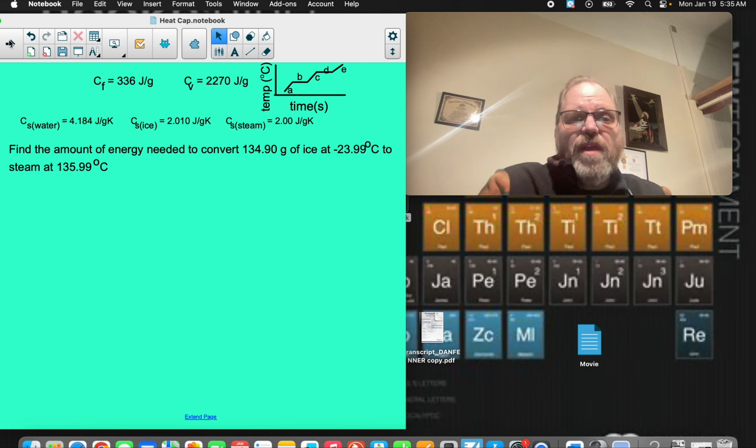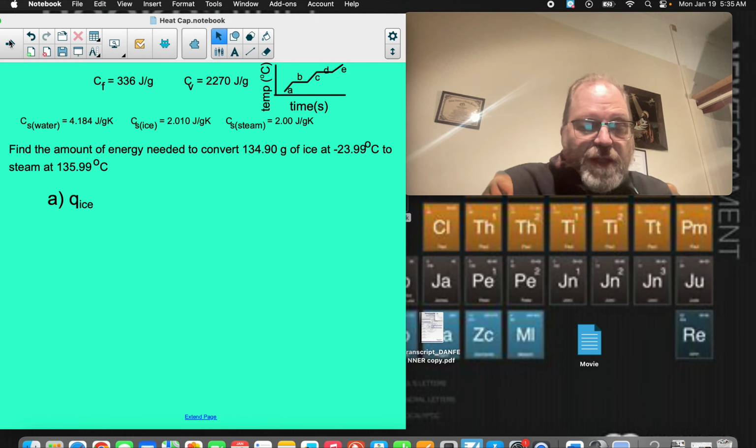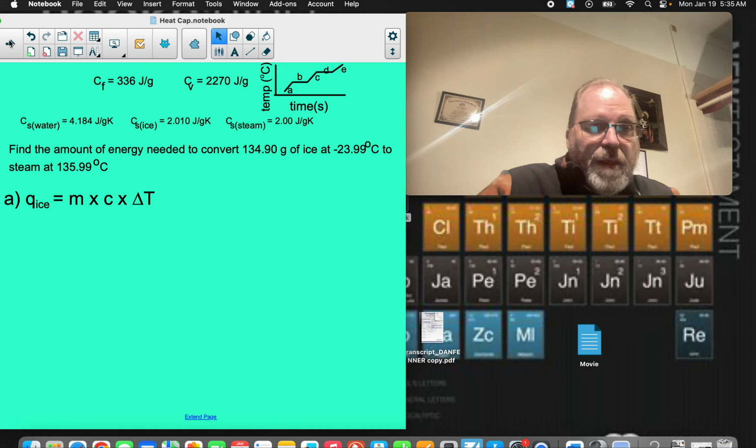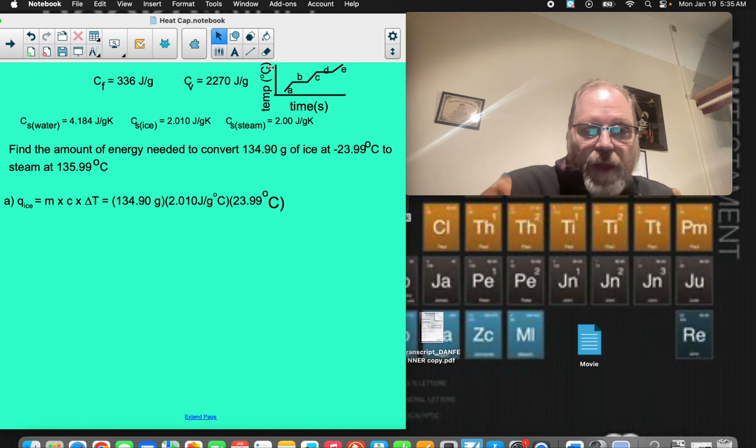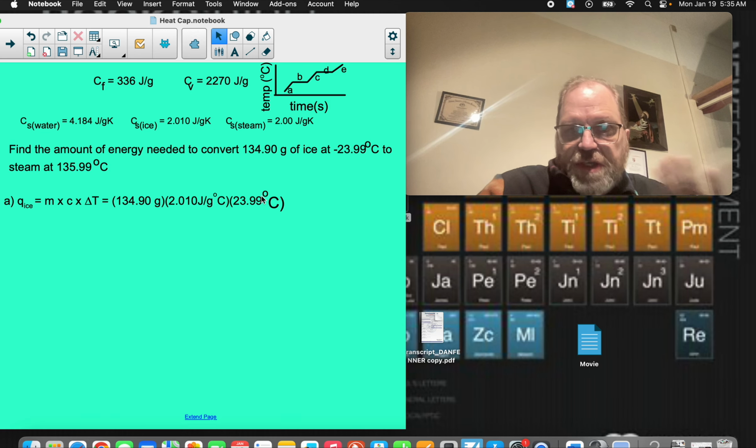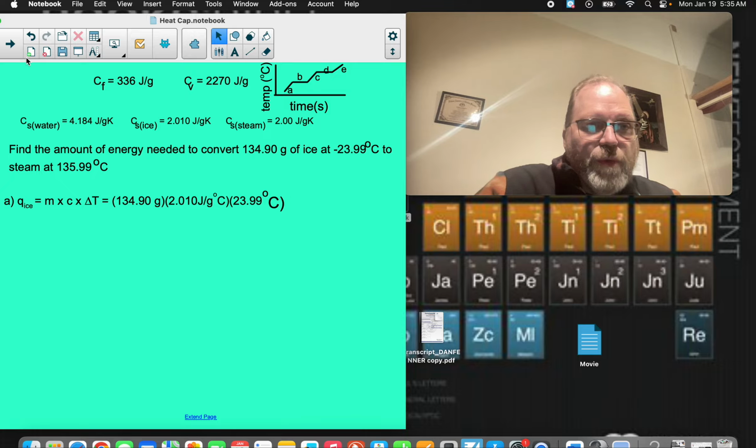We'll start with ice, the Q of ice. Remember, from the equation, it's M times C times delta T. The mass here is 134.90 grams. The specific heat of ice, as it says up here, is 2.010 joules per gram, and I'm using degrees Celsius, easier to work through.